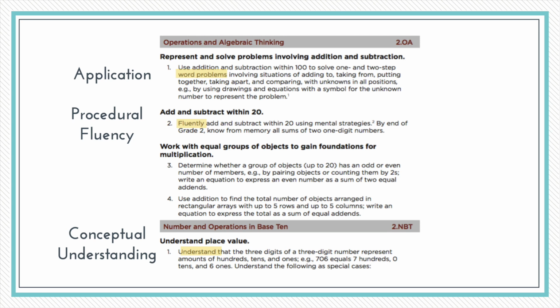So as you look at your resources and you try to look at that in comparison to your standards, it's not just, do I have tasks about place value and about adding and subtracting within 20? It's, do I have tasks that include all three of these areas? Do I have things that are building their conceptual understanding, their procedural fluency, and having them apply it to real life situations?